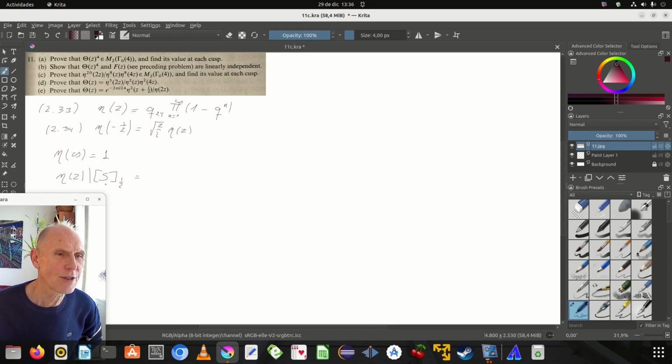So it's set to minus 1/2. And then we apply this, and then the z vanishes. So it's 1 divided by square root of I, eta of z. Then we need to see what happens to eta of 2z.